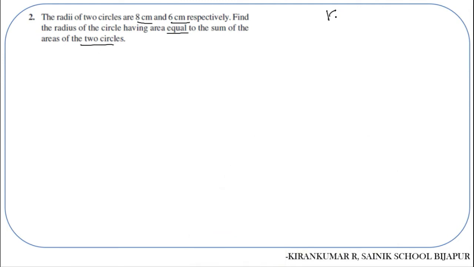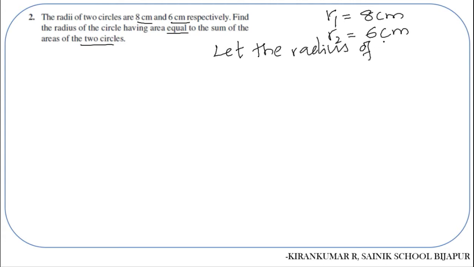Let me write radius of the first circle to be R1, which is 8 centimeter, and the radius of second circle is R2, 6 centimeter. Let the radius of third circle be R centimeter.